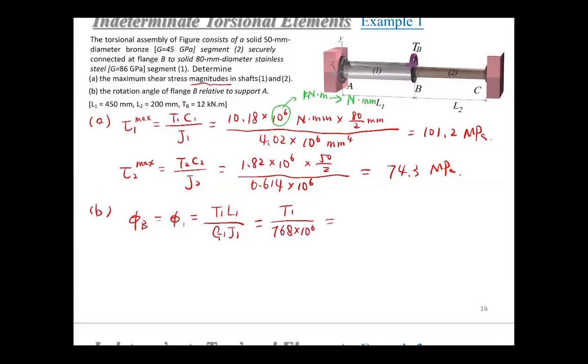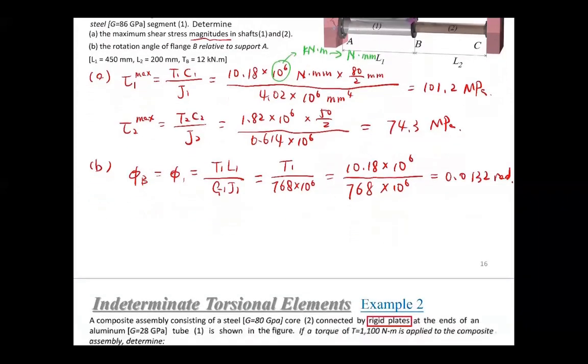The T1, you should use in Newton millimeter, since in the previous calculation you have been using Newton millimeter and MPa, right? So here would be 10.18 million over 768 million. So it would be 0.0132 radian. Okay, so this is our example 1.